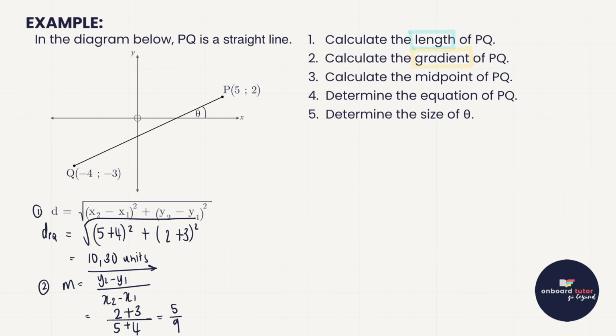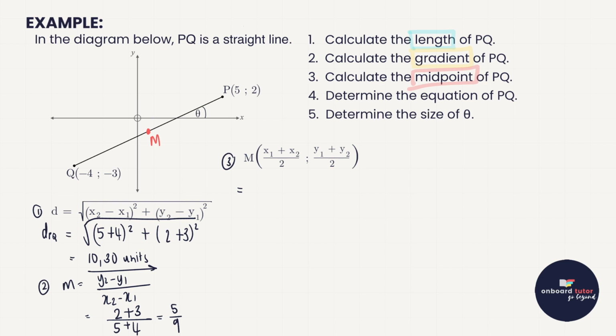Now the midpoint, that's also a nice and straightforward question. So we can go and get the midpoint formula from the formula sheet. Right, so once again we are going to be substituting in our points, and this time we are going to add them together. Okay, midpoint means that somewhere between P and Q, there's another point M, and we are going to try and work out that point's coordinates.